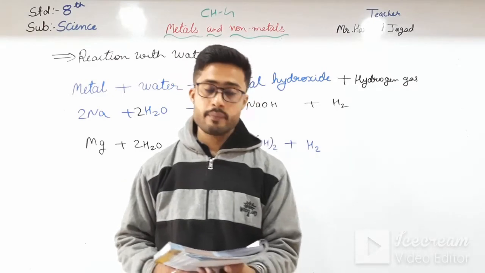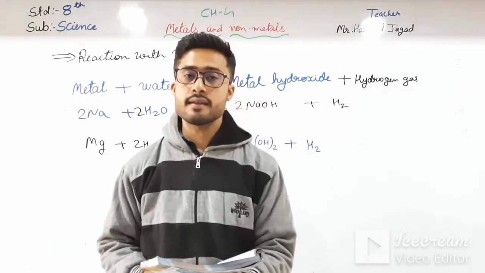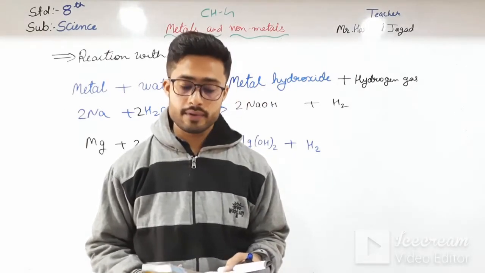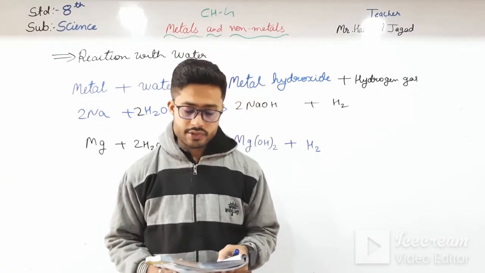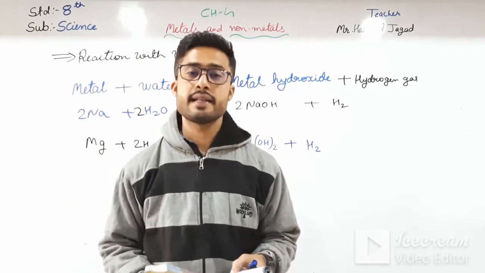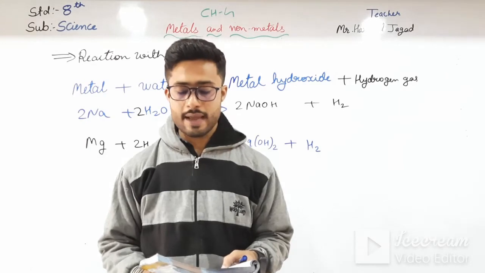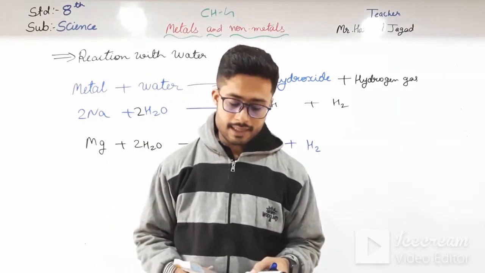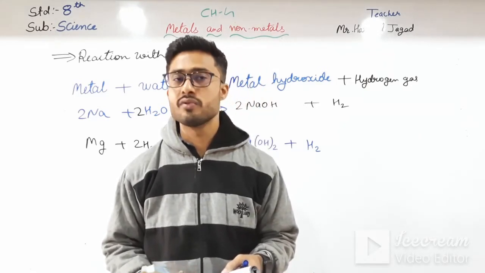So 2Na plus 2H2O gives 2NaOH plus H2. So sodium plus water gives sodium hydroxide plus hydrogen gas. And magnesium reacts with steam to form magnesium hydroxide and hydrogen, that is Mg plus 2H2O gives Mg(OH)2 plus H2. See here, the metal hydroxides are basic in nature and turn red litmus to blue.